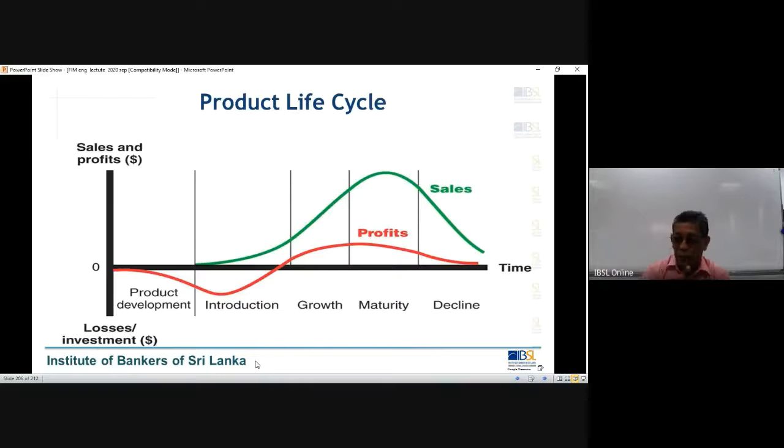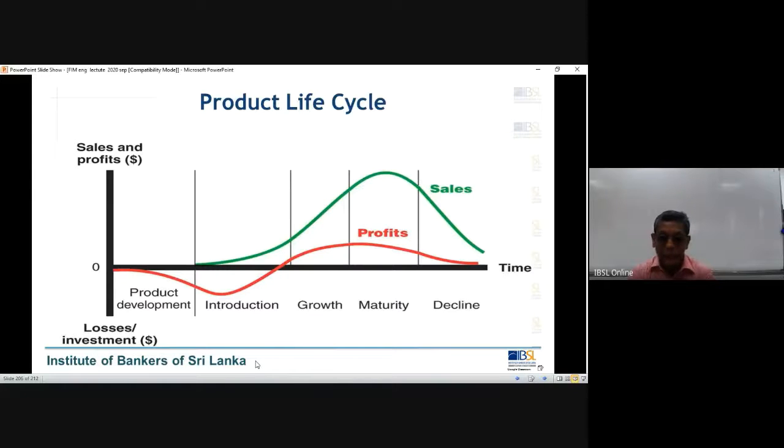What are the quadrants? Dogs, problem children or question marks, stars, and cash cows. Your product fitting into these quadrants, accordingly you can take decisions: harvest, divest, build, like that. Remember the decisions we discussed, right?